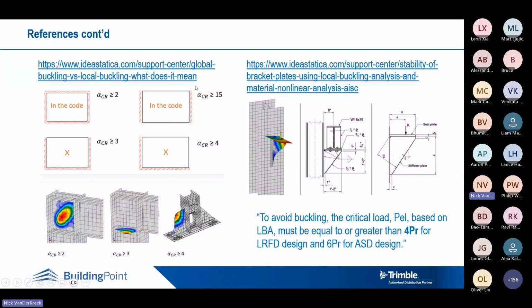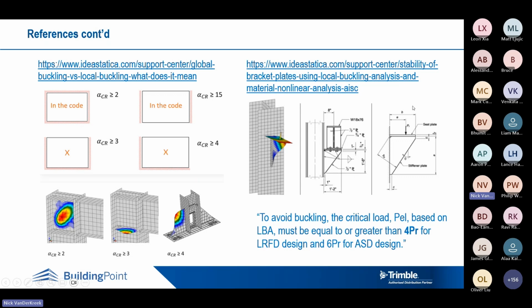If we have a gusset type buckle, just discussed, we want at least 15. If it's a typical stiffener like this one here, most aspects of connections, in fact, I find we need to look for at least 3 as a buckling load factor. But there is the two-sided or triangular type stiffener where at least 4 is asked for. And this factor of 4 has come from some American research.